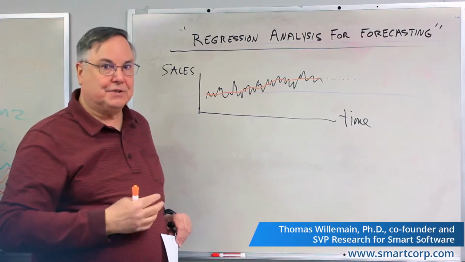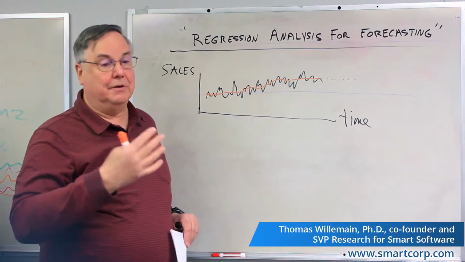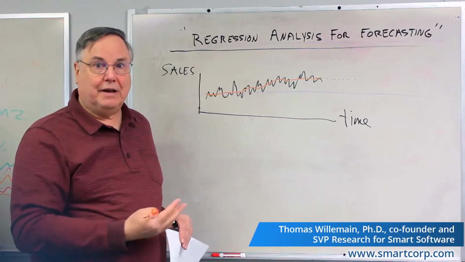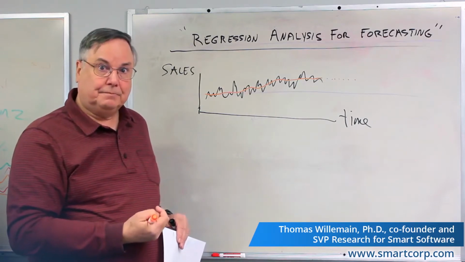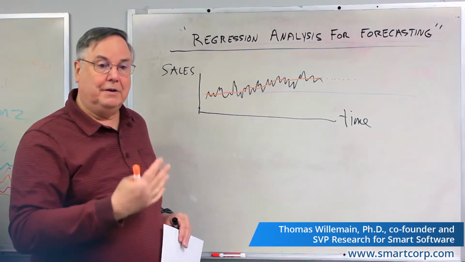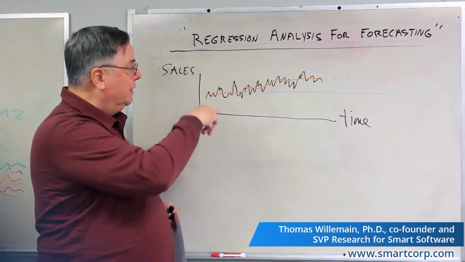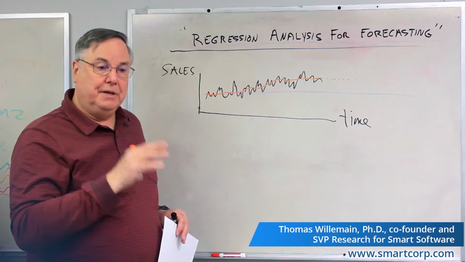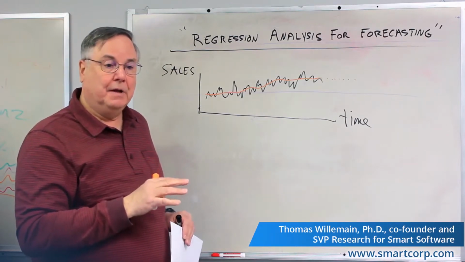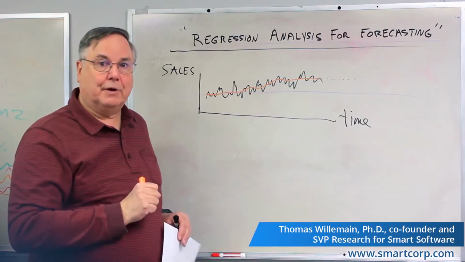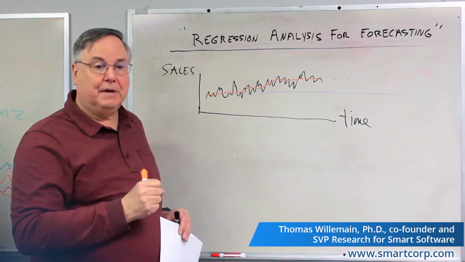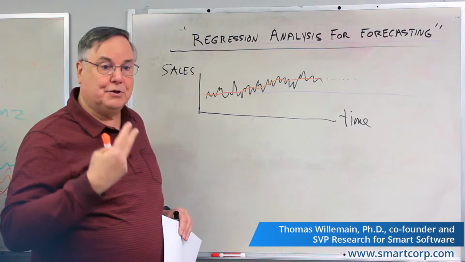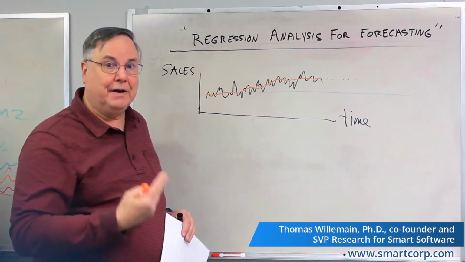So you can see that that's more expensive because you need another variable, and you have to get the record, make sure it's accurate, and then find a way to use it. But if you can find another variable that is predictive of what looks like random noise, then you get a much deeper understanding of the problem, and you can make more accurate forecasts. Whether you can do that or not depends on whether data are available, whether you can use your subject matter expertise to find that variable.